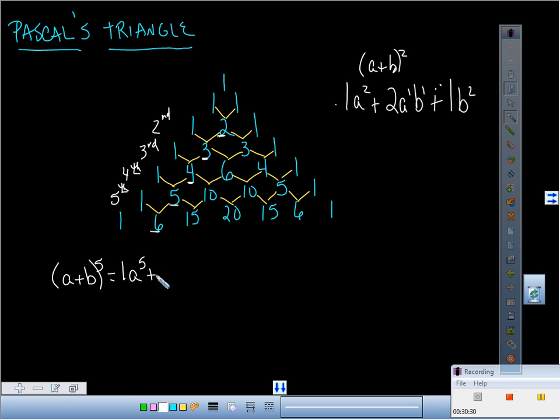5. Plus, what's my second coefficient? 5. A to the what? 4th. B to the first. Because the first term didn't have any b's. He started at b to the 0. Now I'm b to the first. Okay? Plus, what's my next coefficient? 10. How many a's will I have? 3.